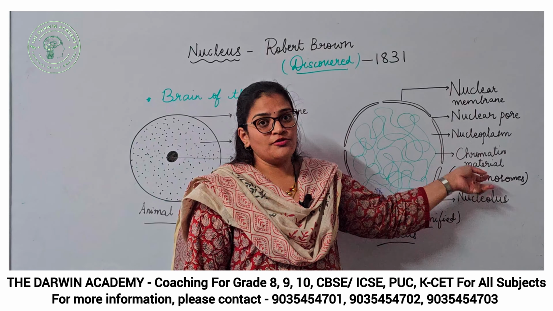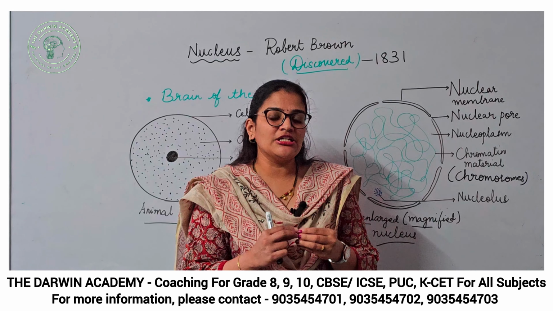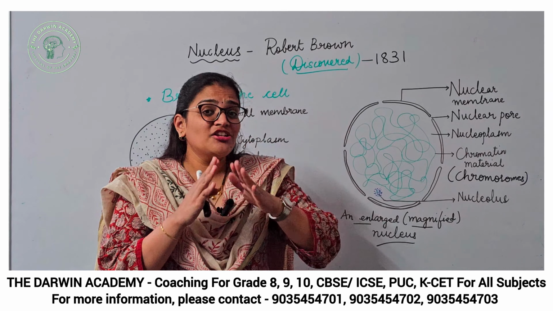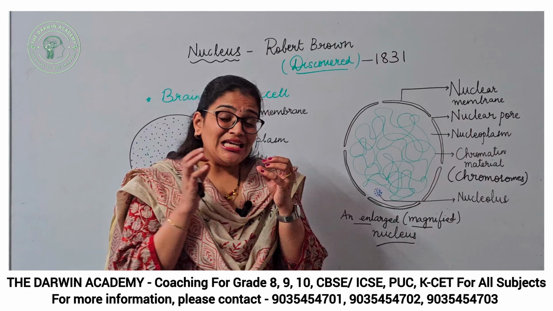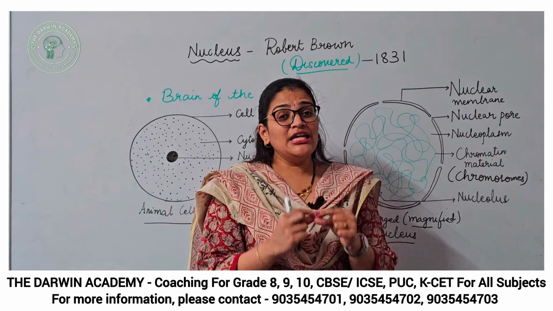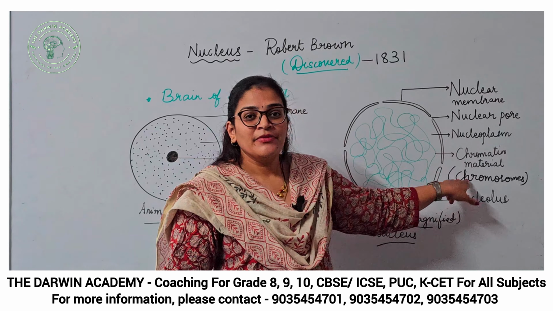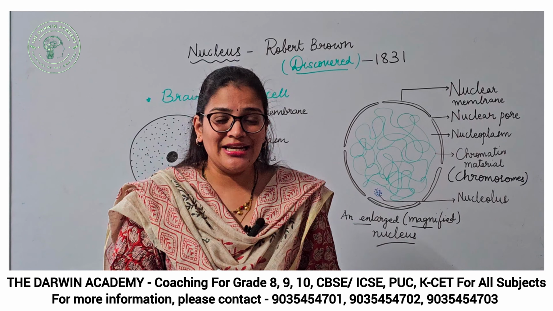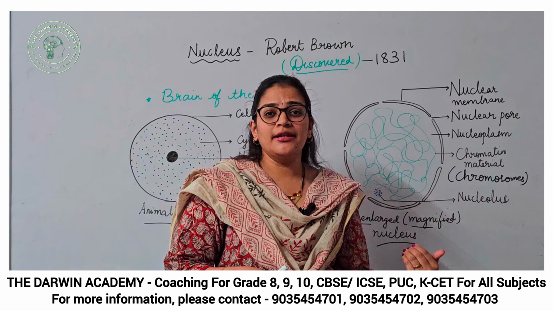And on the chromosomes, there are specific regions that are called the genes. Genes, not the jeans trousers that you wear. These genes are those regions on the chromosomes that carry characters which help us inherit those traits from our parents.